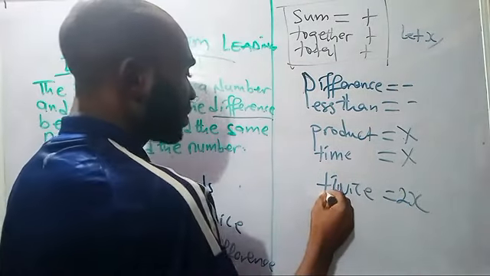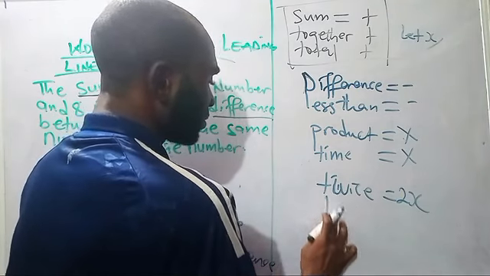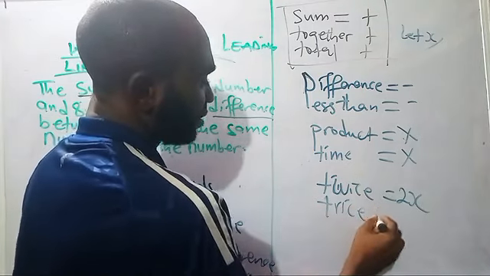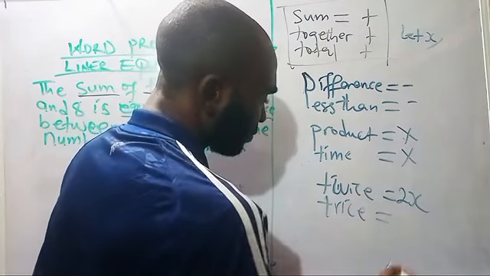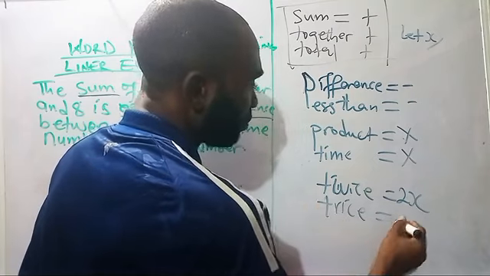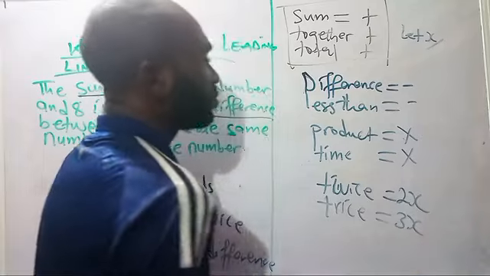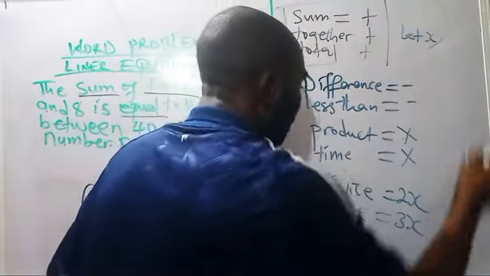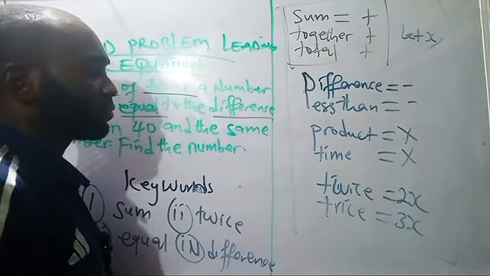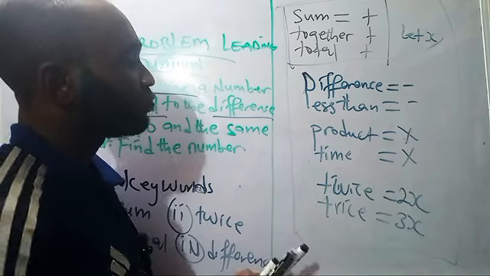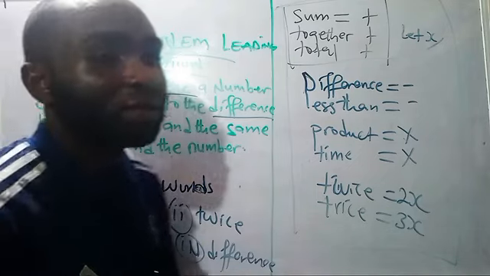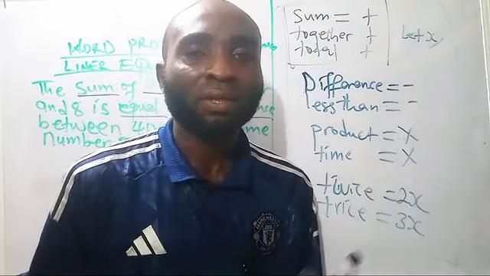Assuming the question says thrice, that means three times that variable. These are the keywords you should put at the back of your mind before solving a word problem question.